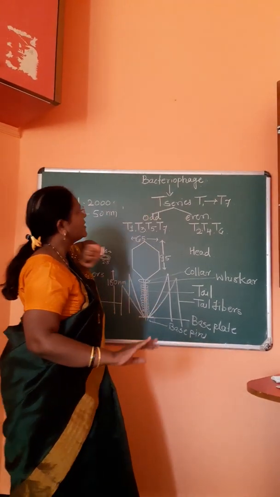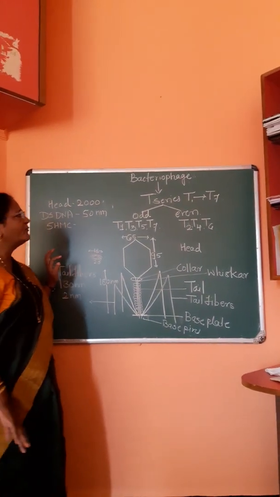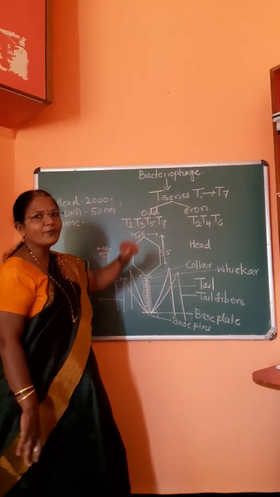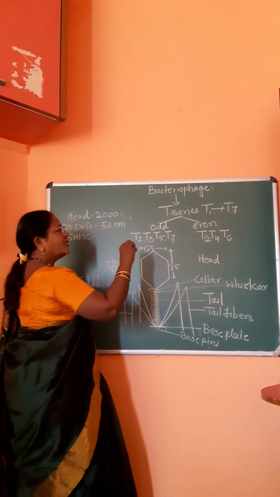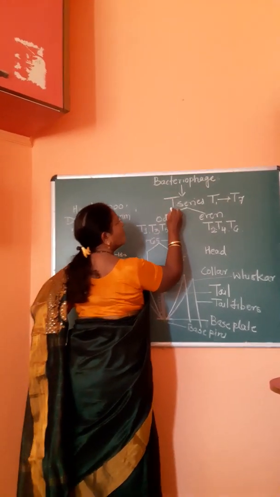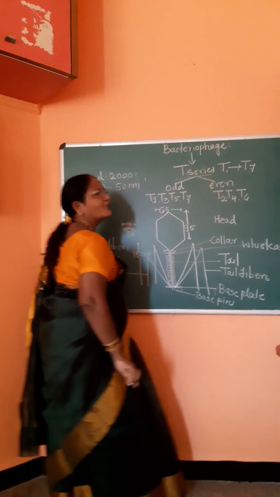Today we will study one example of bacteriophage, that is the T4 bacteriophage. Now what is T4 bacteriophage? This T4 bacteriophage is a member of the T series of phages.